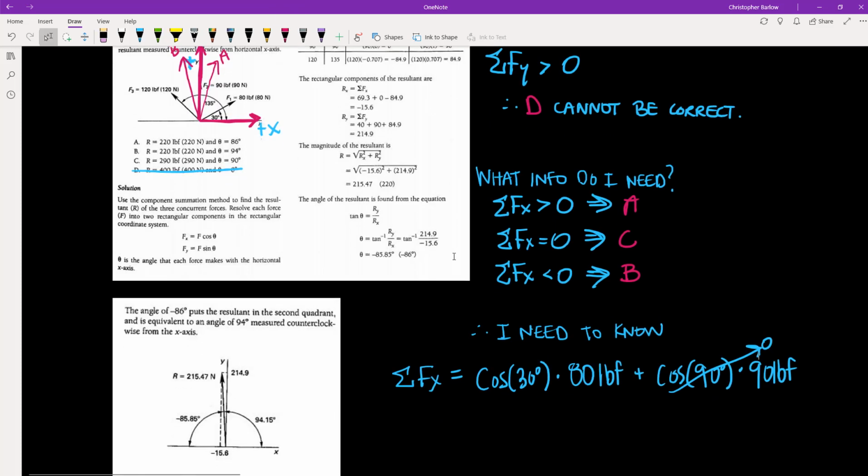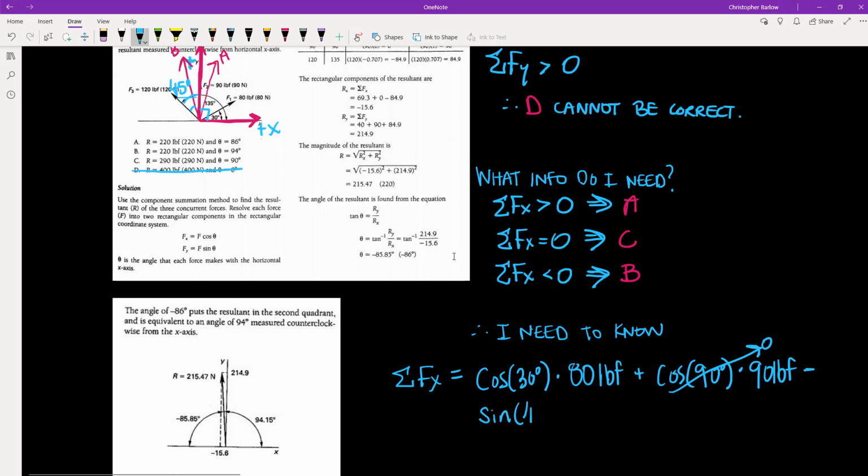And finally, we have our F3, which is defined by an angle of 135. So if we cut part of that off, this 90 degrees here, subtract that, we would get 45 degrees. And if we completed our triangle, we would be solving for the opposite side of that angle.